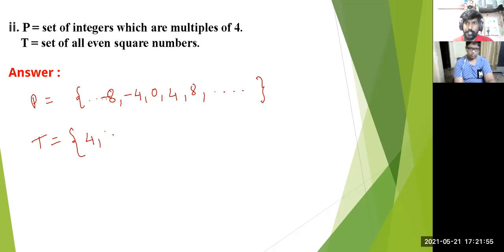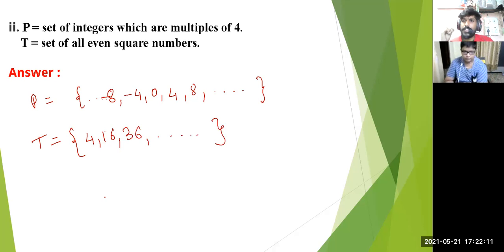Yes, so you cannot take 3. Square of 4 is 16. Square of 5 is 25, but 5 is an odd number, so we cannot take it. Square of 6 is 36, and dot, dot, dot.